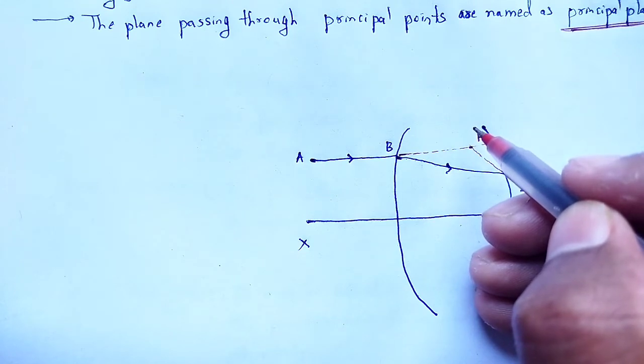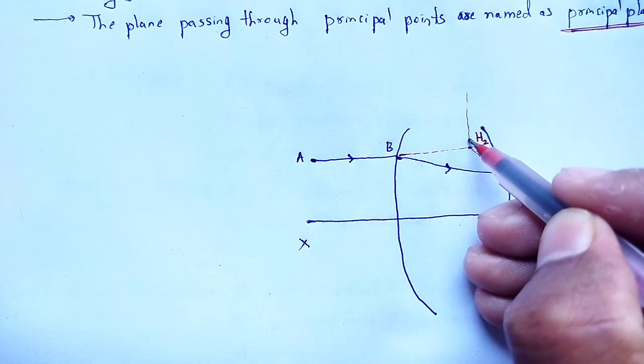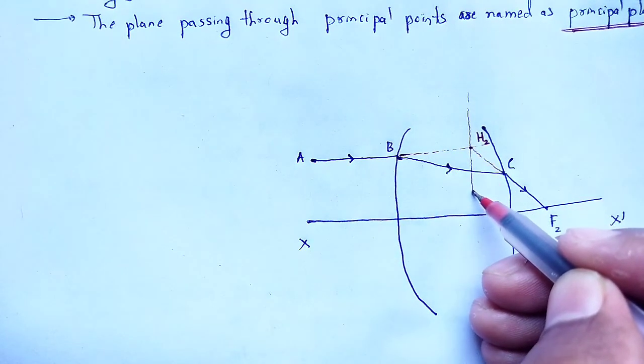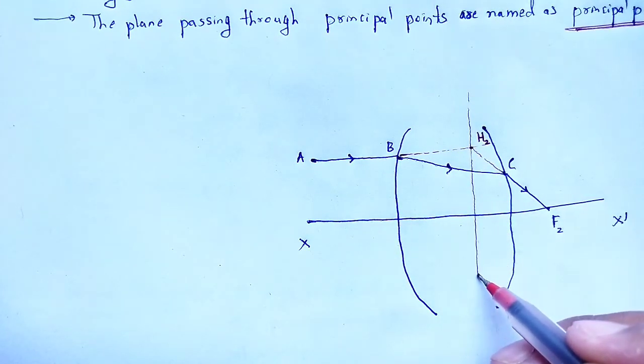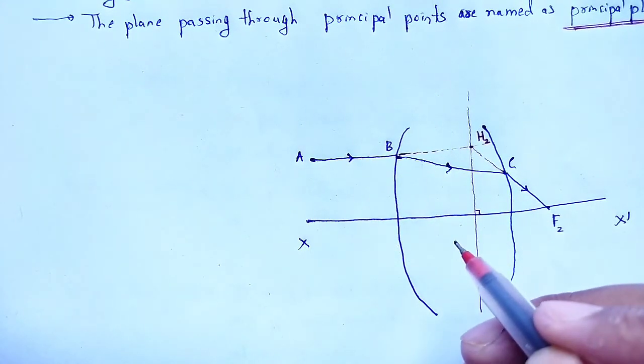And perpendicular to the principal axis, let a plane pass through that point S2.